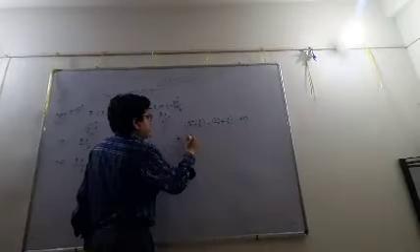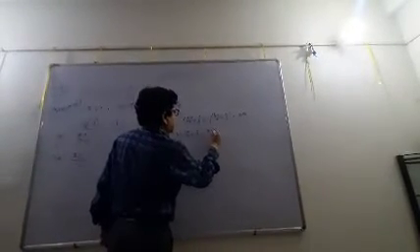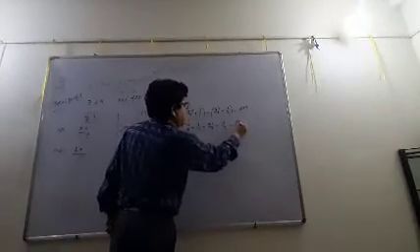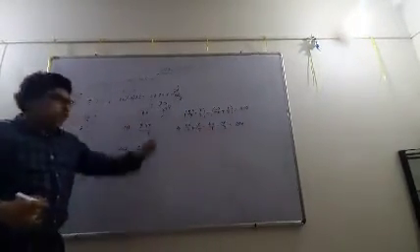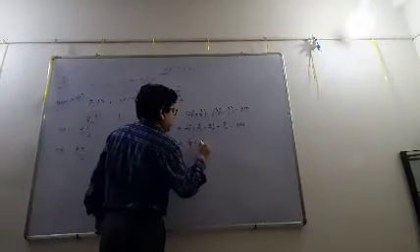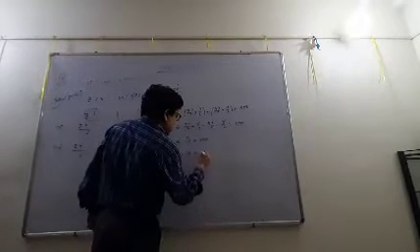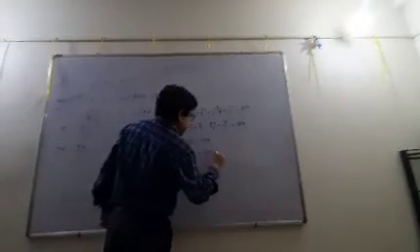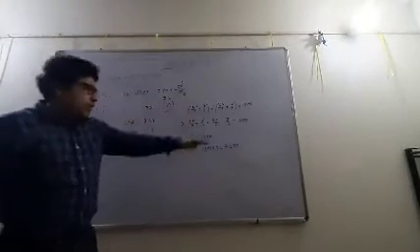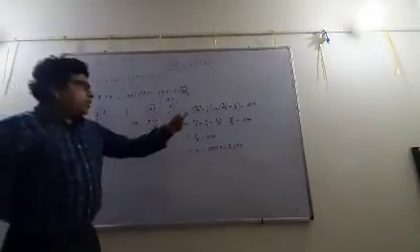That means 5x by 9 plus x by 2 minus 4x by 9 minus x by 2 equals 800. X by 2 gets cancelled. So we get x by 9 equals 800. That means x equals 800 into 9, so this is 7200.